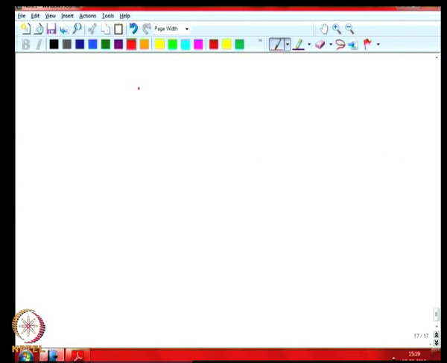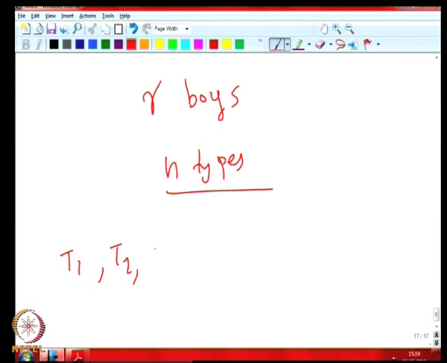Suppose there were R boys, and the pens were of n types. Instead of 4 types of pens, we have n types of pens here: type 1, type 2, type 3, and type n.